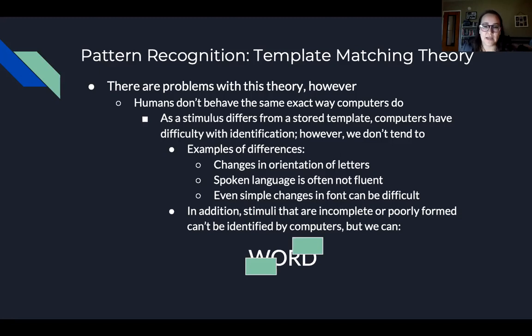So looking at this example down here at the bottom, we can look at that and say, oh, that says word. However, a computer would not be able to make sense of that. And again, the template matching theory doesn't speak to why this is the case, why we can look at these interruptions in these letters and we can still make sense out of it and be accurate in that too.